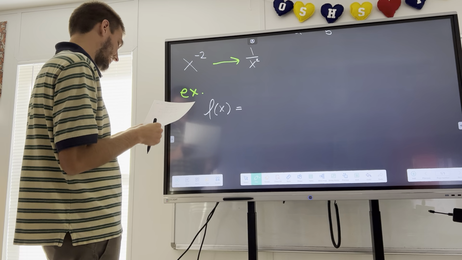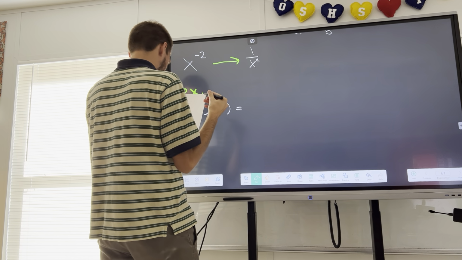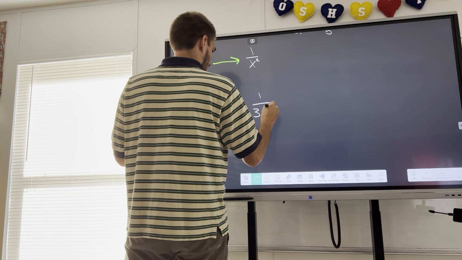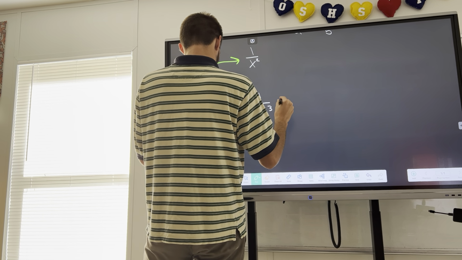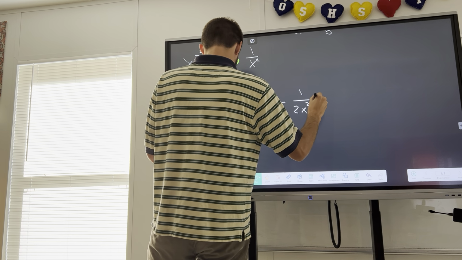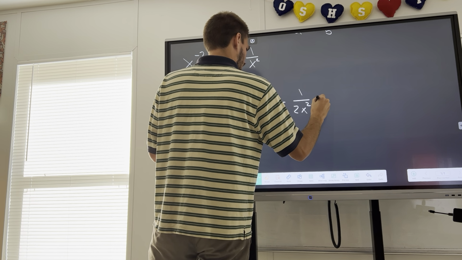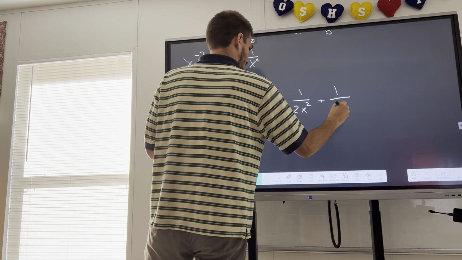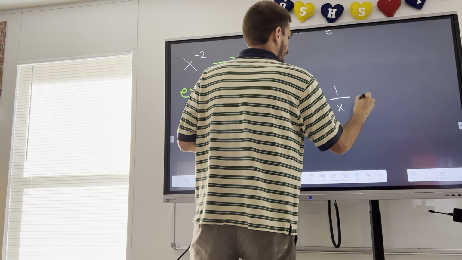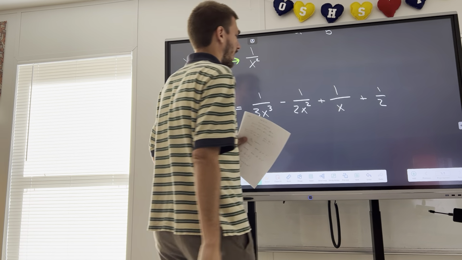L of x is equal to... Let's do this question.